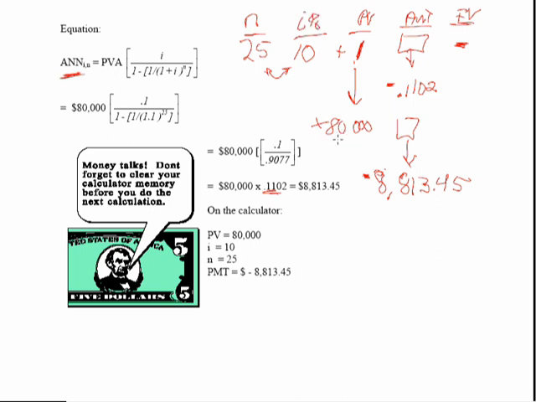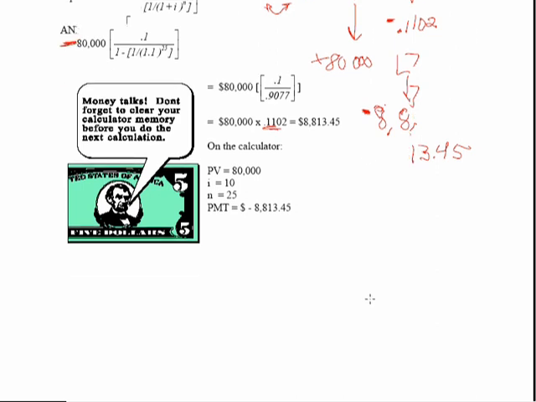So that's a positive. That's money in our pocket. It goes to buy our house right away, but it's technically money in our pocket. And then each year we're agreeing to pay $8,813.45. That's our mortgage payment. That's money going out of our pocket, so it makes sense to input that as a negative number.